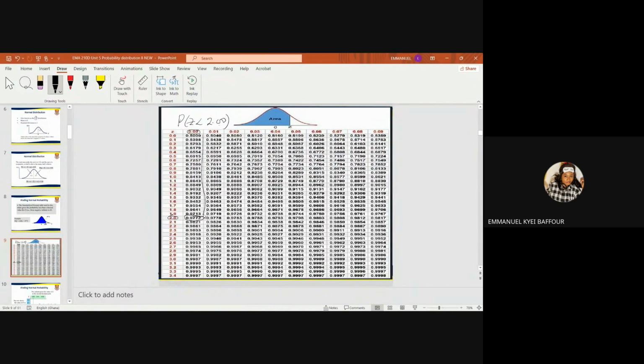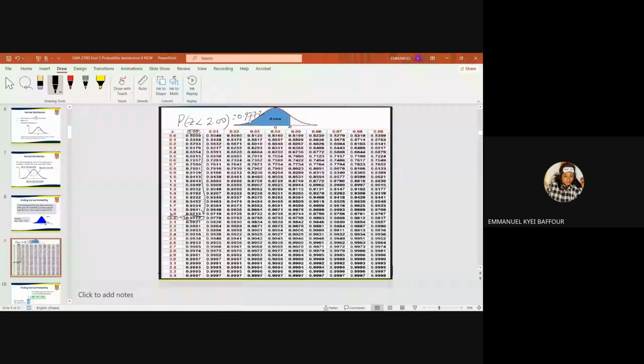You figure out the value from the intersection of the row and the column. This gives us a value of 0.9772. So the probability that Z is less than 2.0 is equal to 0.9772.